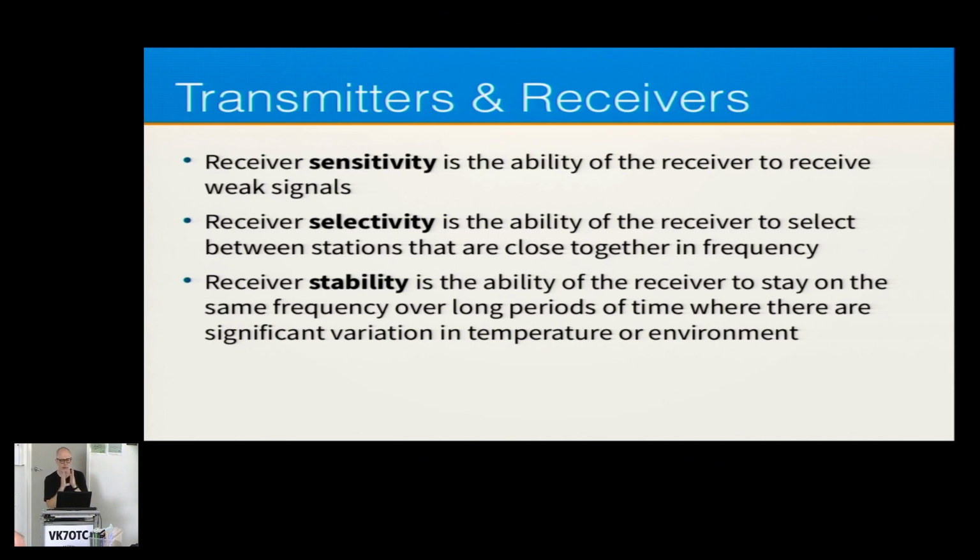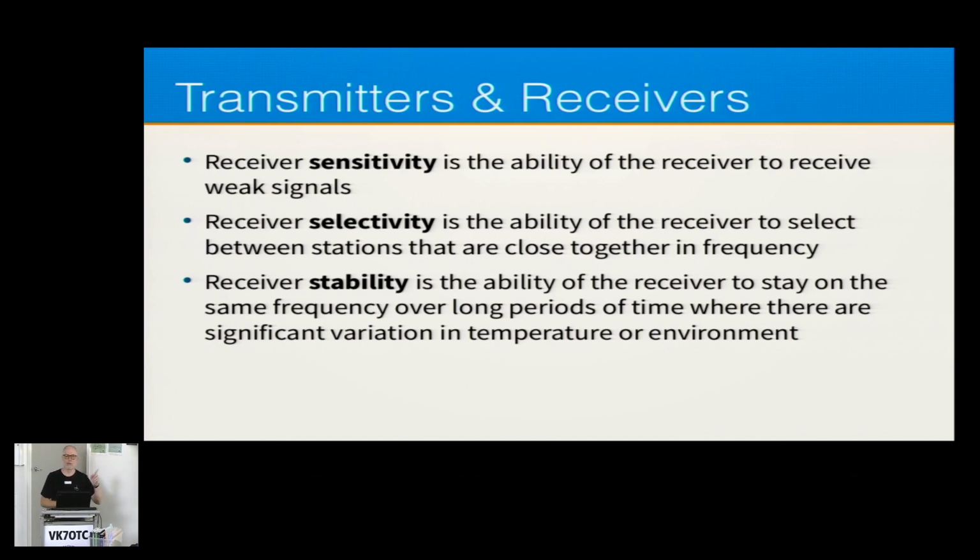Stability these days is probably not as big a problem, but with old valve equipment, you used to hear people say, I'll turn it on and we'll come back in 15 minutes time, because it'll be all over the place until it's stable. Stability of solid state electronics these days is pretty reasonable. But as foundation candidates you need to know sensitivity, selectivity, stability. There's more than likely going to be a question which will remove one of them and ask you what the missing one is.